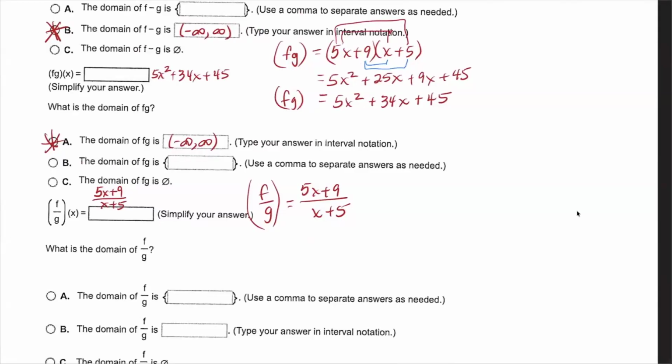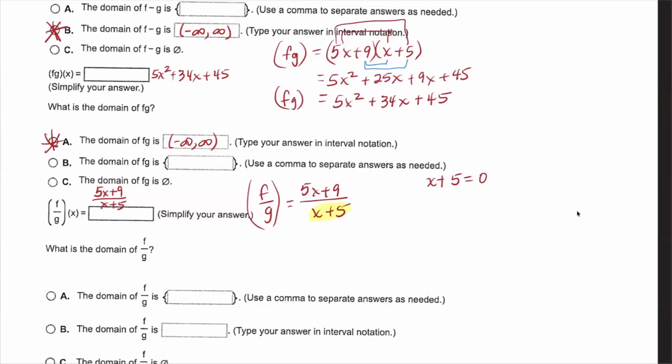But now, because this is a rational function, this is not a polynomial, this is a rational function, we have a domain problem. And the domain problem with the rational function is always with the denominator. So we set the denominator equal to 0 to figure out what values must be restricted.